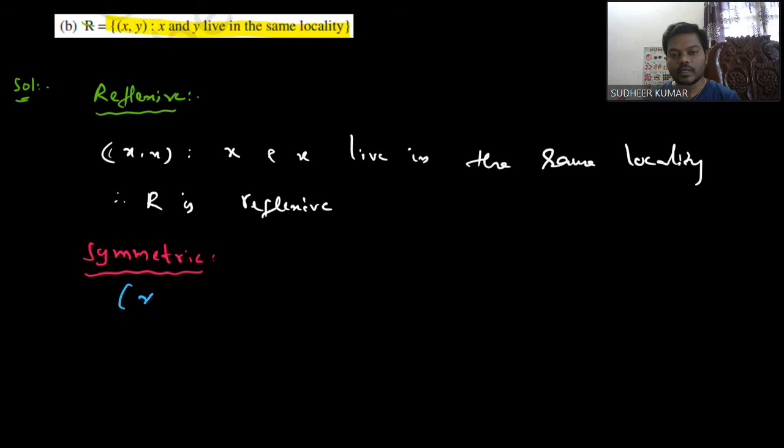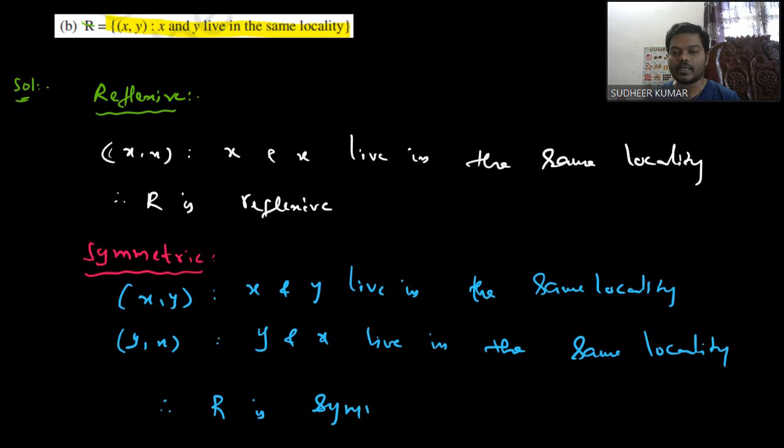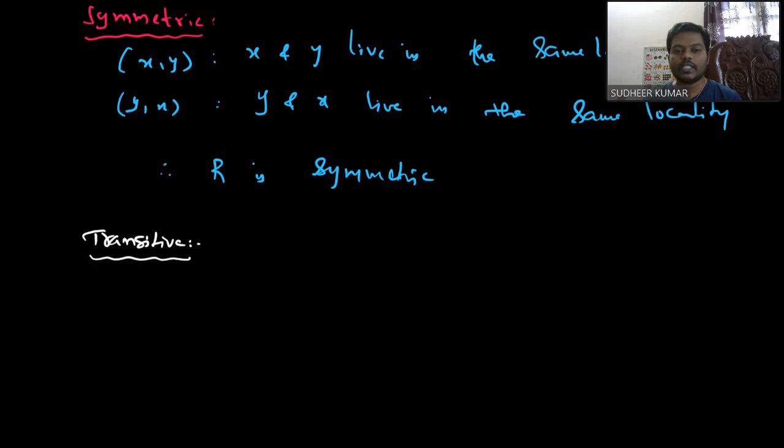So symmetry: xy, x and y live in the same locality. So y and x also live in the same locality. Therefore, R is symmetric. Clear? Next, transitivity.